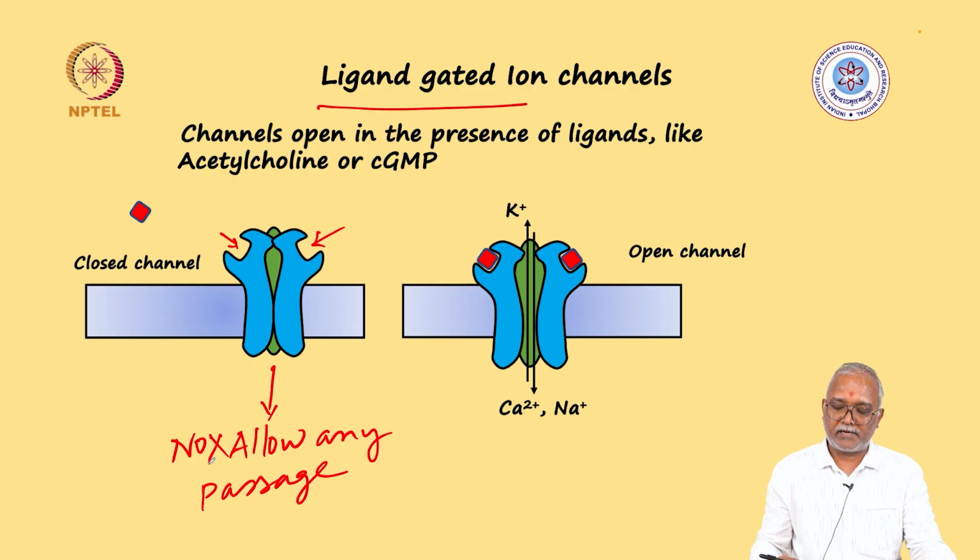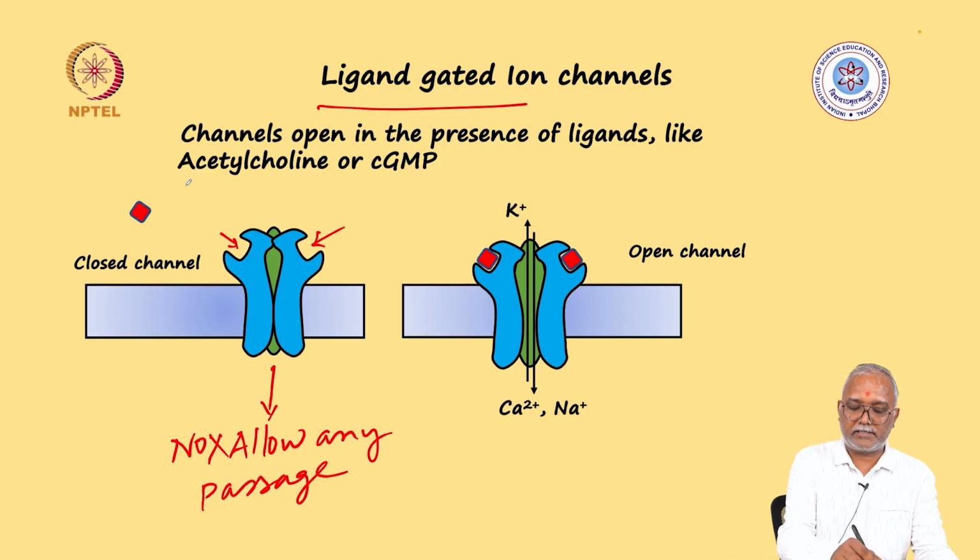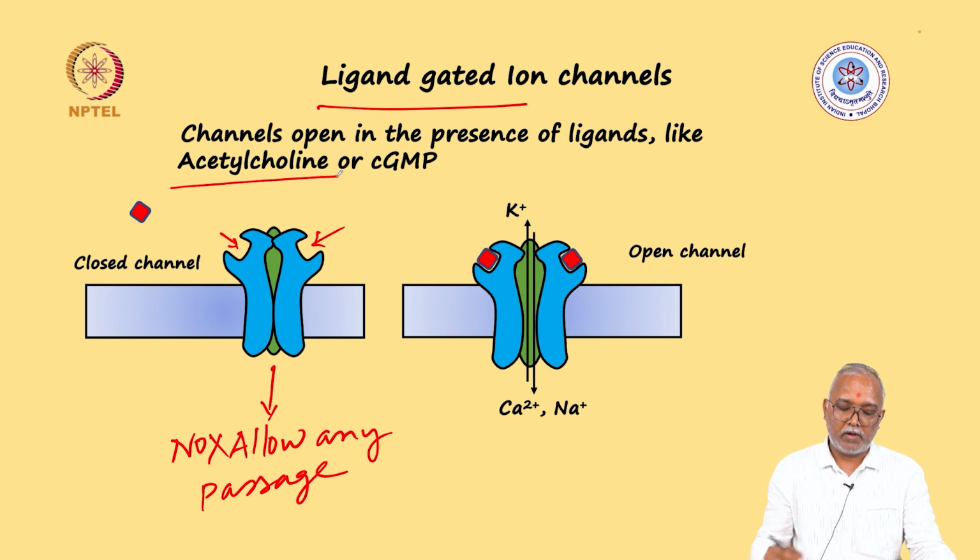So when the ligand is present, what will happen? This binding will induce a conformational change and you will see movement of ions. In this particular case, we are taking the example of acetylcholine. When acetylcholine binds to its receptor, basically the extracellular surface, which has been the property of all receptors, that ligand binding domain is projected outside the membrane.